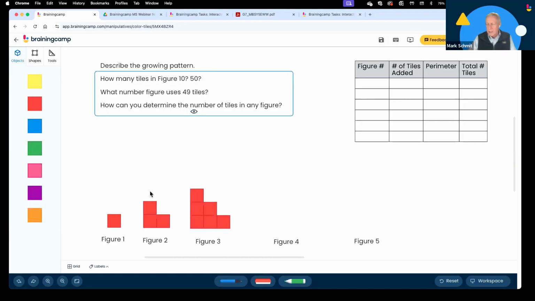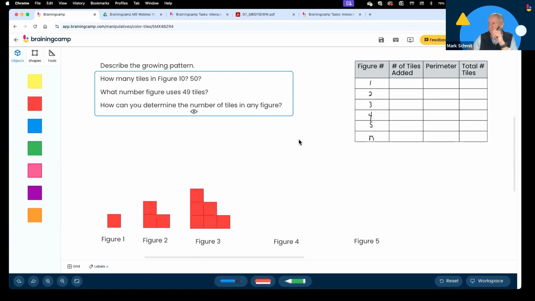And to begin to look at filling out this table. So let's see, figure number 1, 2, let's see. So how many tiles? And then I could enter text here, but I'm just going to use my pen.